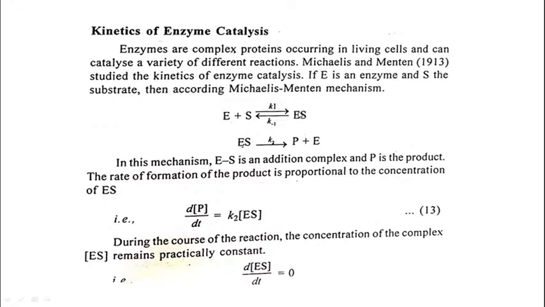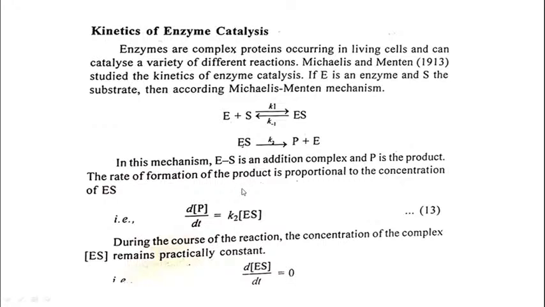Whenever we use a catalyst, there is always formation of an intermediate. First there is formation of the intermediate ES, also called the addition complex. This intermediate undergoes decomposition and forms the product. The first step is reversible, the second step is irreversible. In this mechanism, ES is an addition complex, P is the product.